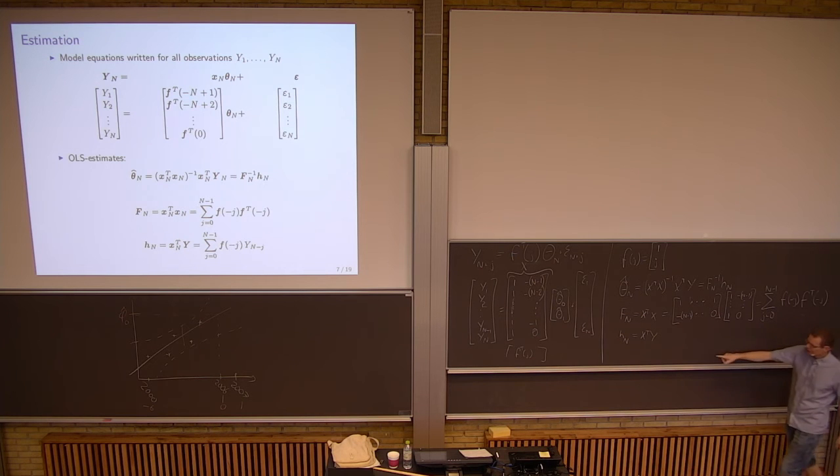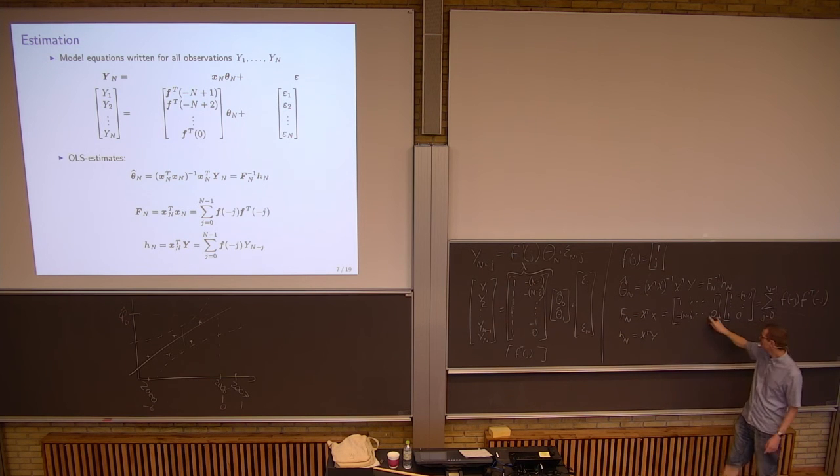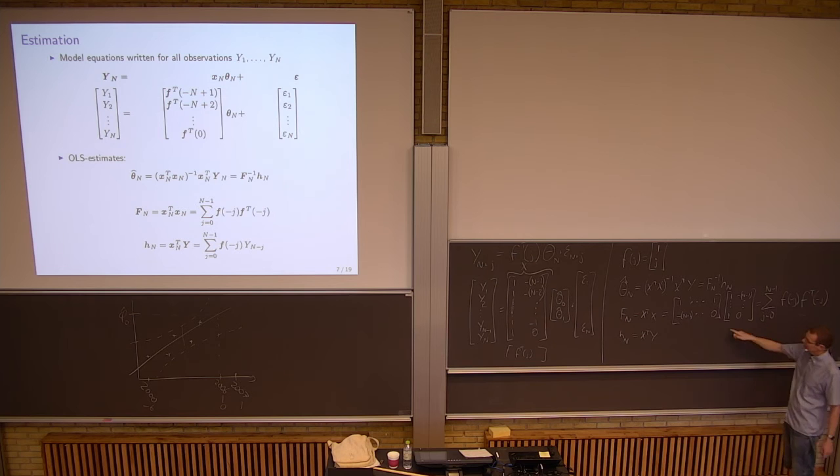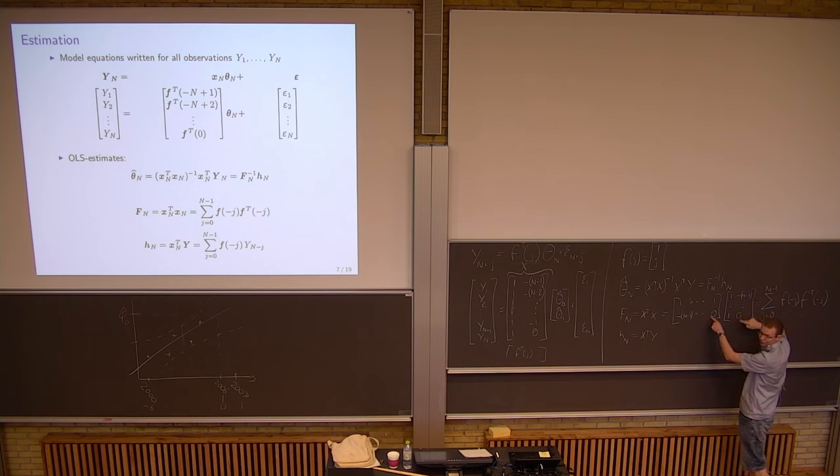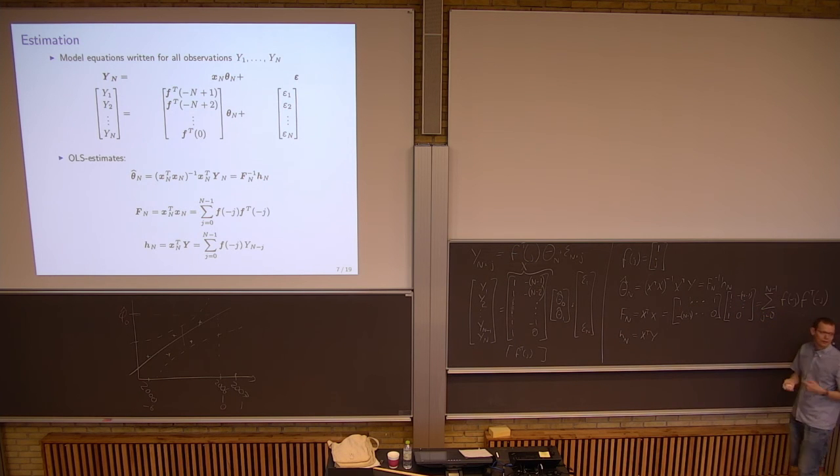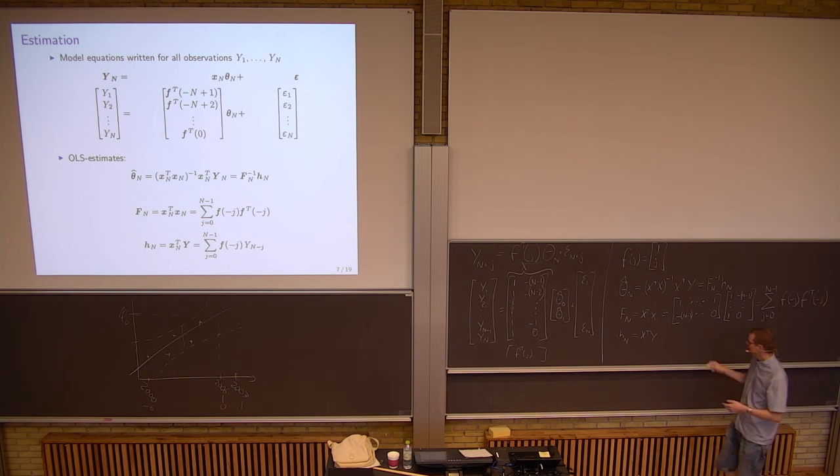Similarly, for H, I have X transpose on Y. I can do the same. Looking at it, I only multiply things that have the same time point together. That's the important thing. That you take those that have the same time reference. Those are the numbers that are multiplied together. And that is what makes life easier.